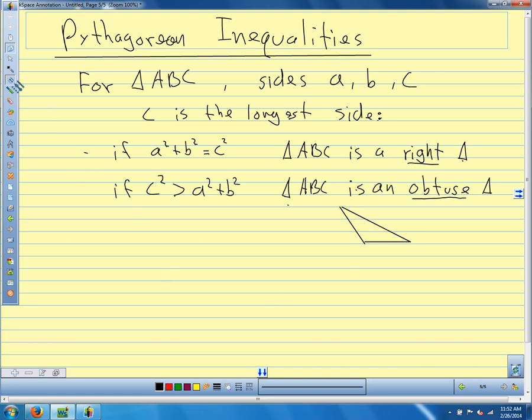This long side would be side C. So if side C is too long, if C squared is bigger, then we have an obtuse triangle. And if C squared is smaller, then we have an acute triangle. C squared is less than A squared plus B squared, triangle ABC is acute.